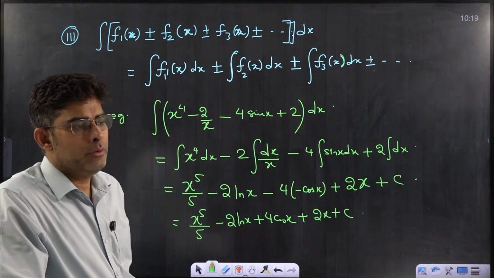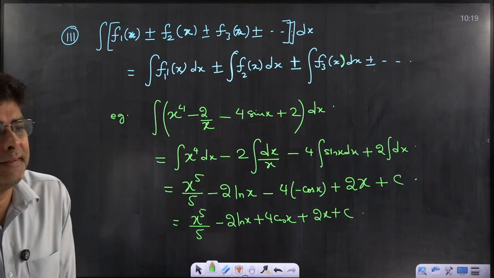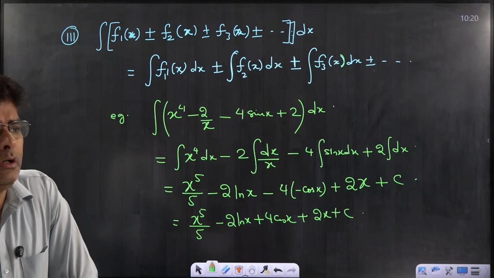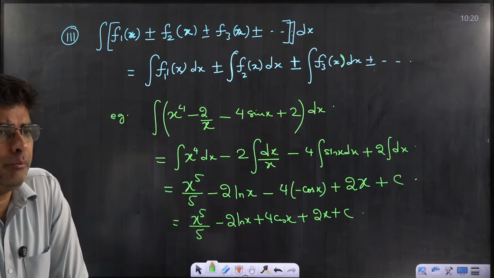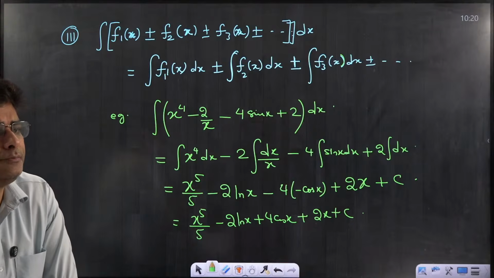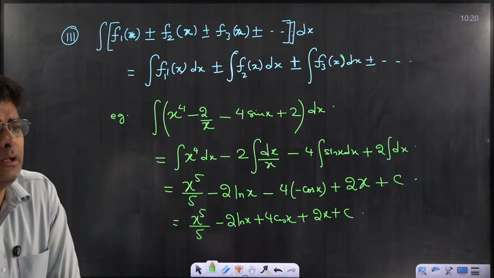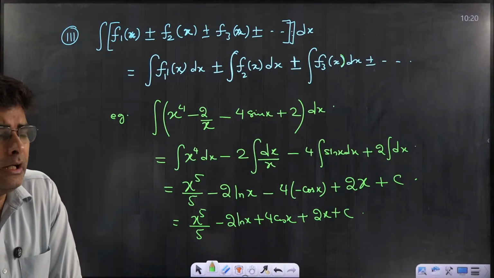Is it clear to all of you? Addition and subtraction rules are very simple. We have to go through only a few rules, because as I told earlier, it is not possible to remember all the rules of integration.